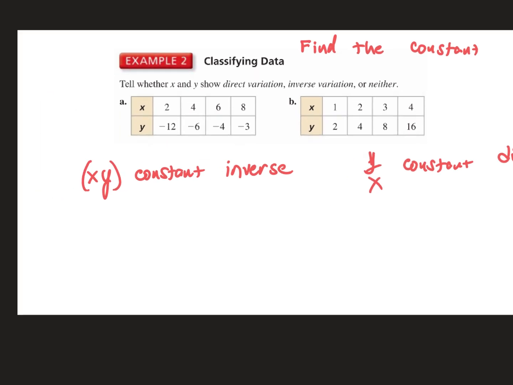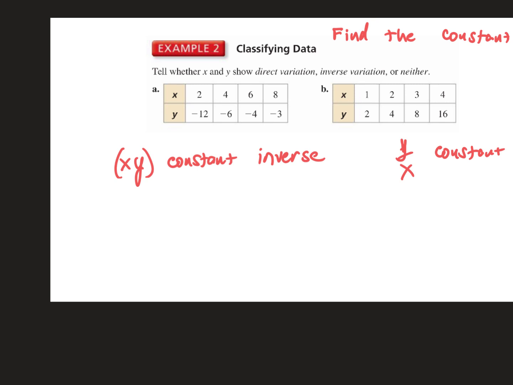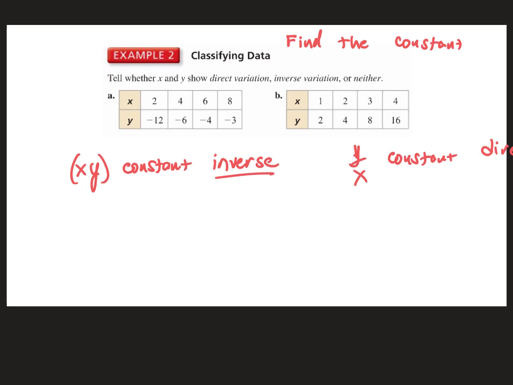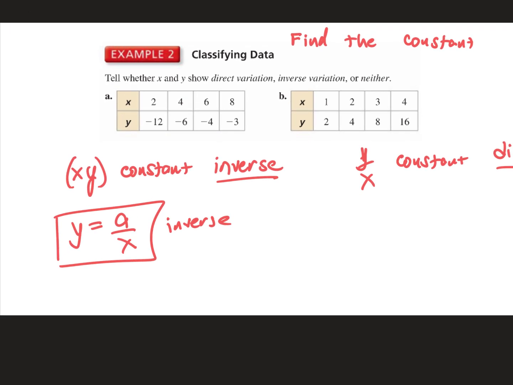And the reason why that is, okay, here's inverse, here's direct. So if I solve and I say, okay, y equals a over x, this is inverse, correct? You guys told me that at the beginning, we talked about that? So when you're given a table or a chart, it says tell whether this is direct, inverse, or neither.